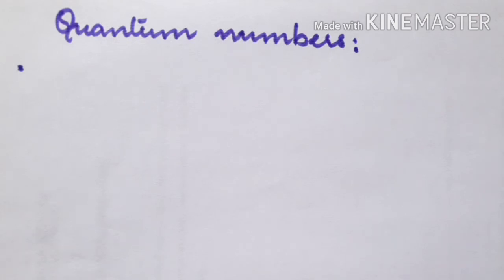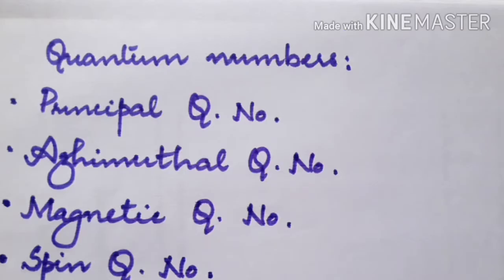And the last one explains the spin with which the electrons are moving. The spin quantum number helps to understand whether the electron is spinning clockwise or anti-clockwise. So there are four different quantum numbers.